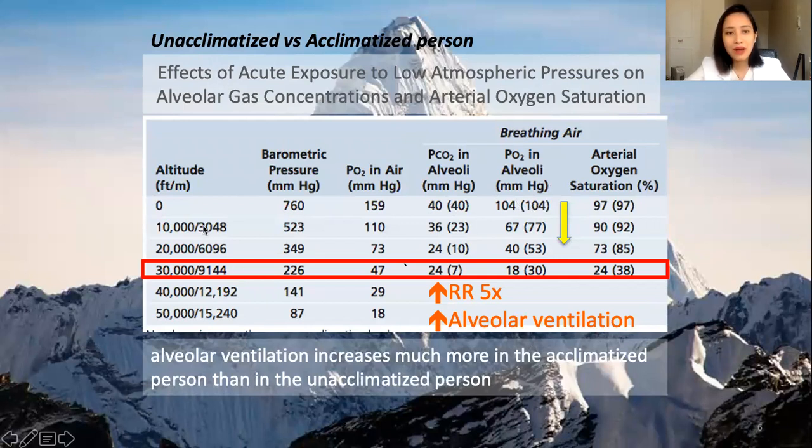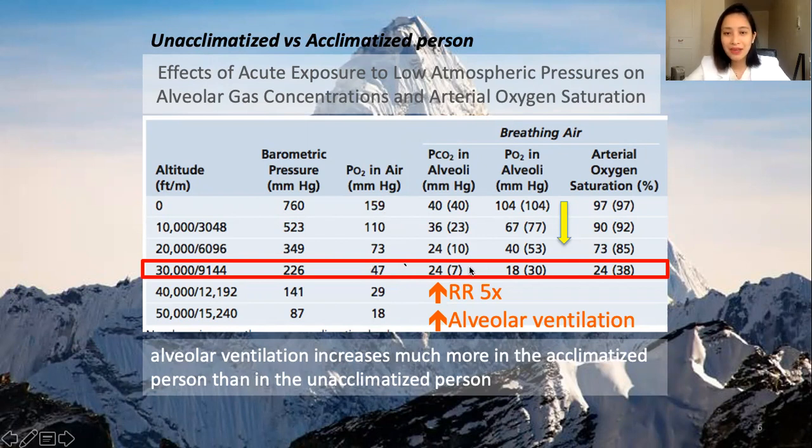But as you go higher in altitude, let's say at 30,000 feet above sea level, the barometric pressure has significantly decreased from 760 to 226. Likewise, the partial pressure of oxygen in the air has significantly decreased to 47 from 159. This is just the readily available partial pressure of oxygen for you.